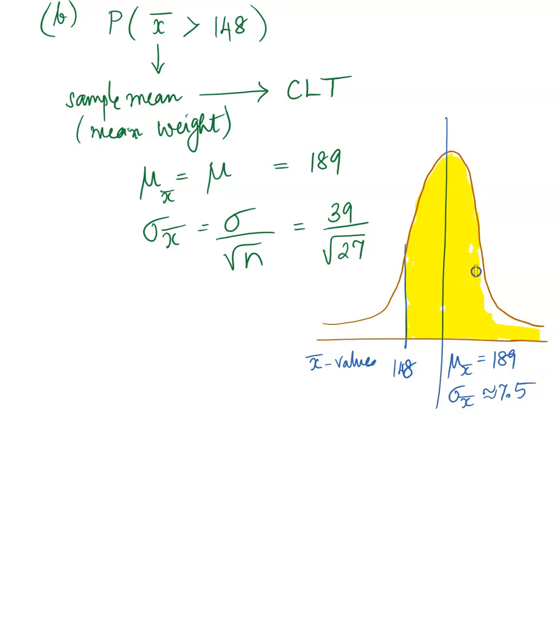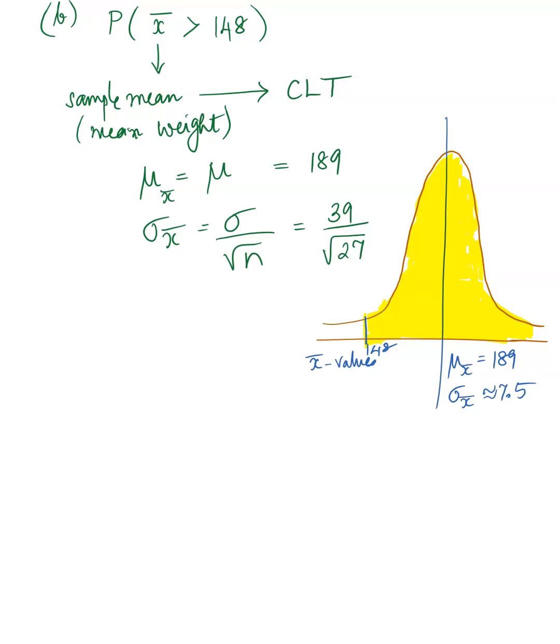Again, I put my 148 pretty close to 189. Maybe it should be a little more spread out. Oops, I missed all of it. And so I'm anticipating it to be larger, just because the variability has reduced. Okay. All right. So I have 148 over here.